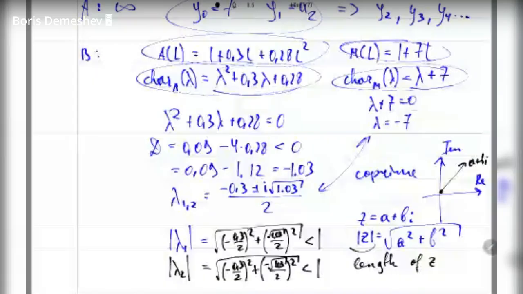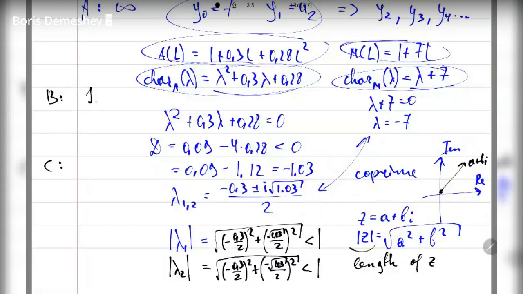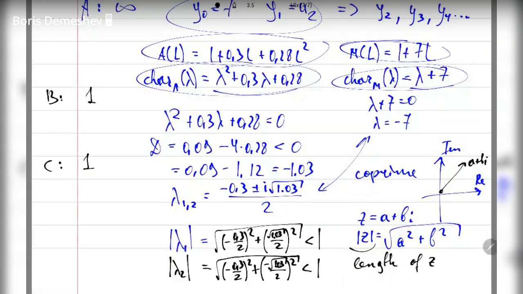Hence, what are the answers? So we will simultaneously answer B and C. What is the answer for B? What is the answer for C? Yeah, for B unique, and for C, that's the same solution.